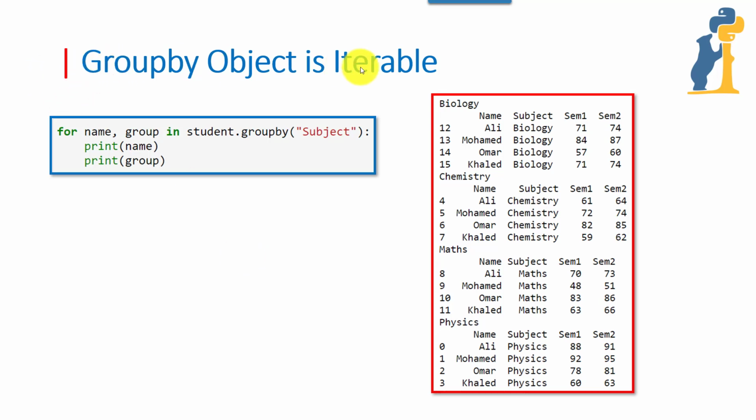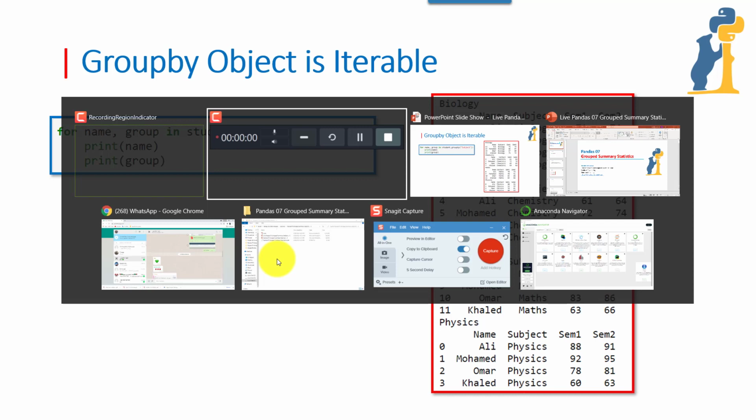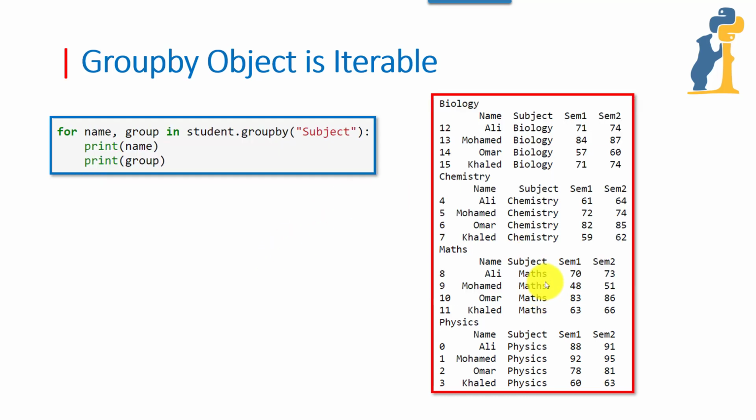The groupby object is iterable. But what do we mean by telling you that the groupby object is iterable? It means that it is a sequence. It can be used in a for loop. For name and group in student.groupby of subject, print name, print group.